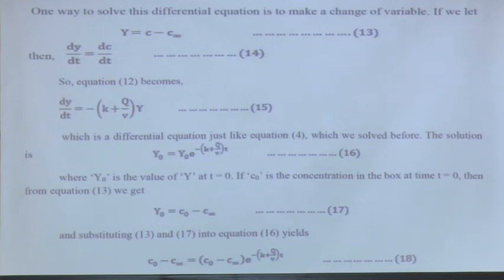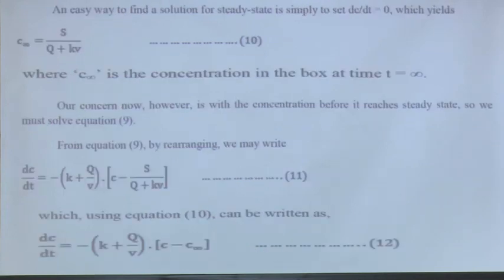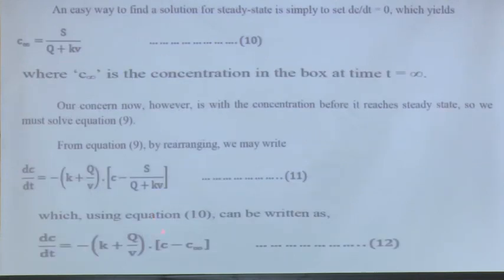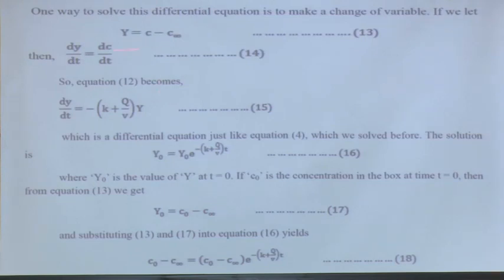So, equation 12 will become dC/dt equal to minus (k + Q/V) times y. Substituting C minus C infinity equal to y, since y is equal to C minus C infinity, dy/dt is equal to dC/dt.